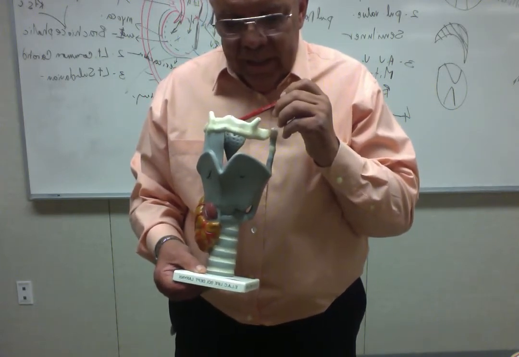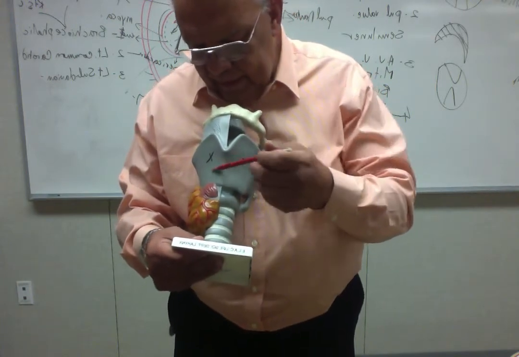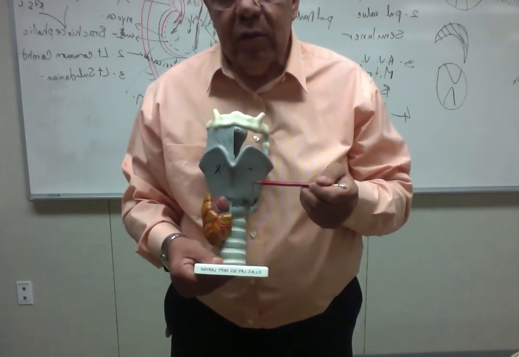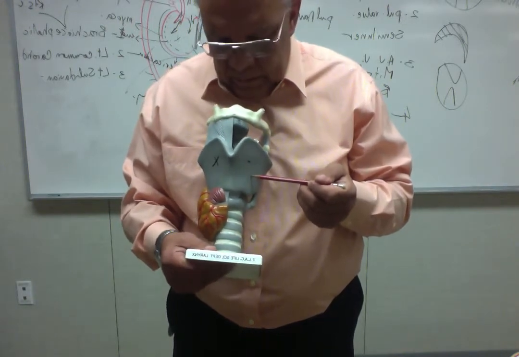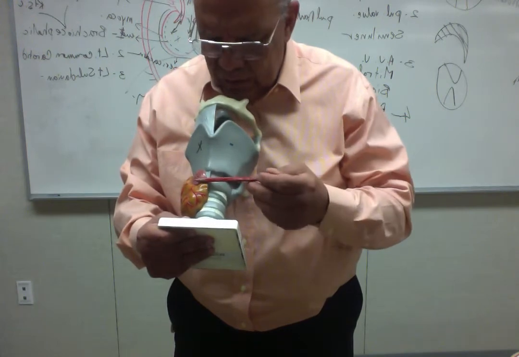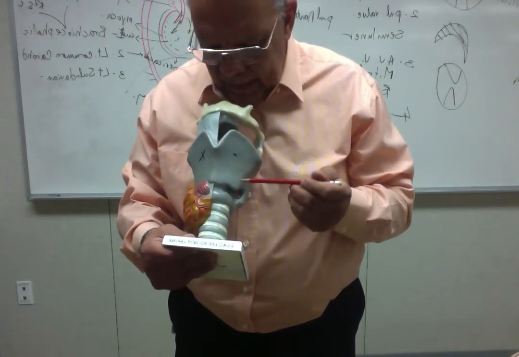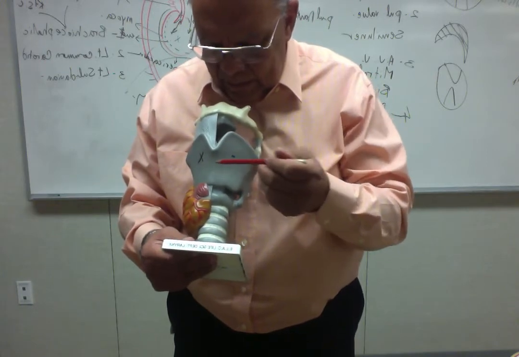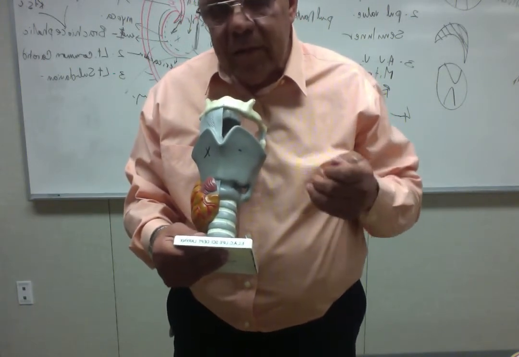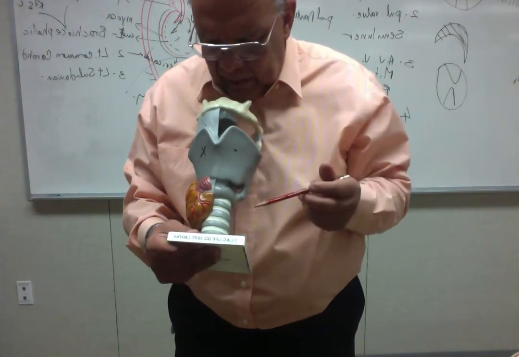So no food is allowed to enter the trachea. And then this is the thyroid cartilage or Adam's apple, and lower down we have the cricoid cartilage. It has many small muscles attached to it, and inside the thyroid cartilage are the vocal cords, which are inverted V shape when they are acting.